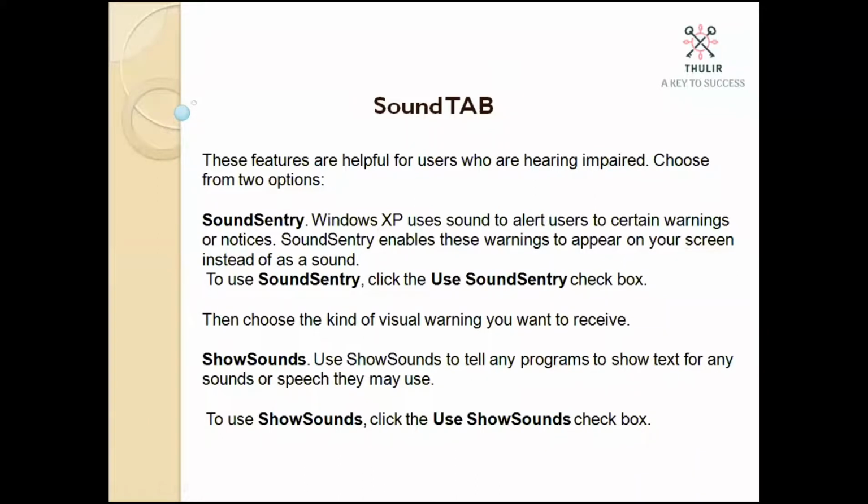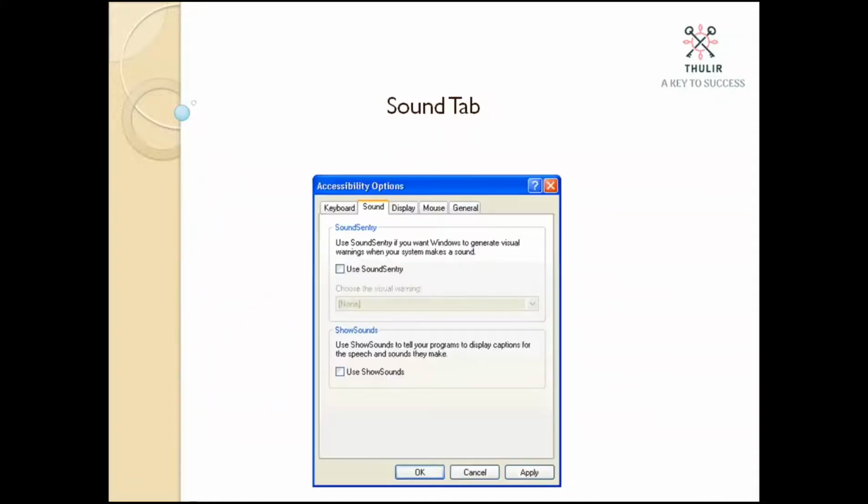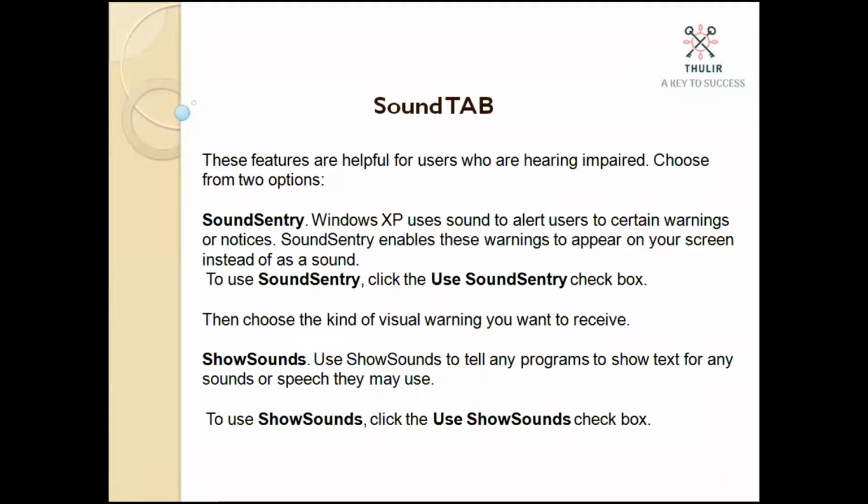Now we will see about the sound tab. Sound tab is the second tab under the accessibility option, and under the sound tab you have two options. One is Use SoundSentry and the other is Use ShowSounds. The basic feature of this is that whenever we are going wrong, Windows will give an alert sound to the user.